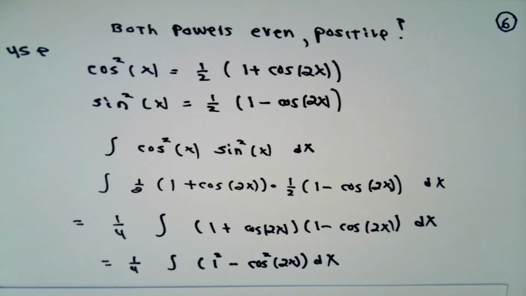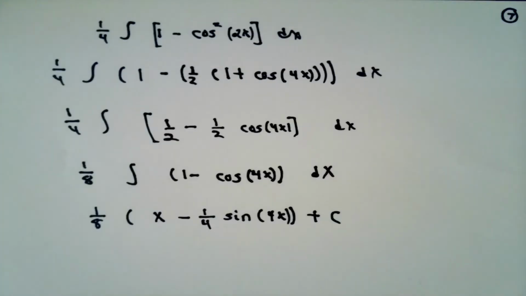If we do our identity again, we should be able to reduce this down into something that only has the first power of a trig function, and then we ought to be able to deal with that. Inside the integral sign, the thing that I'm subtracting away from 1 is cosine squared of something. We know that to be 1/2 multiplied by 1 plus cosine of 2 times the something. 2 times 2x is 4x. 1 minus 1/2 is 1/2.